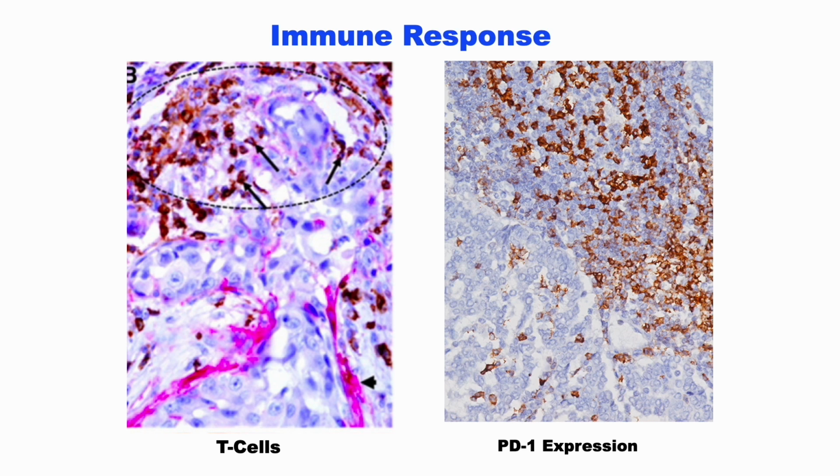Another important predictor is the presence of PD-1 checkpoint proteins on T cells. These PD-1 checkpoint proteins are important regulators of the immune response. The prevalence of T cells and PD-1 checkpoint proteins in melanoma and kidney tumors likely explains why the abscopal response has predominantly been seen in these cancers.